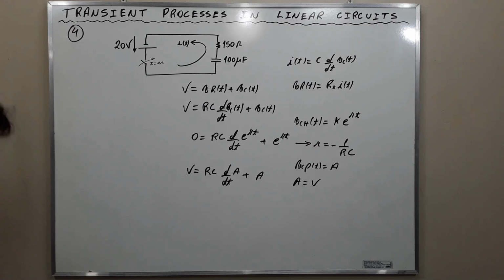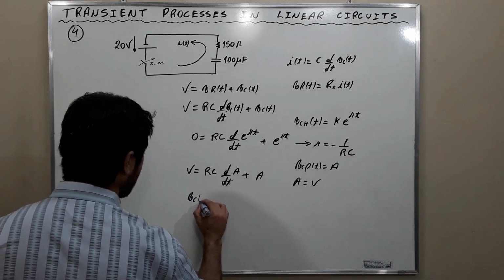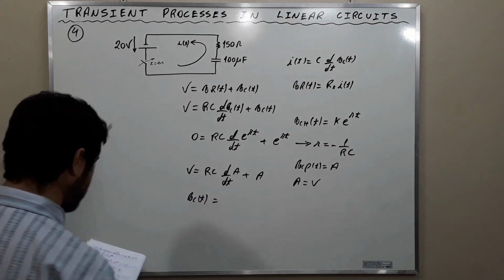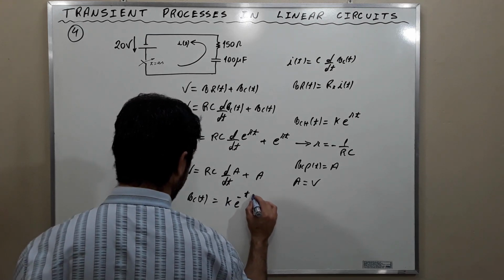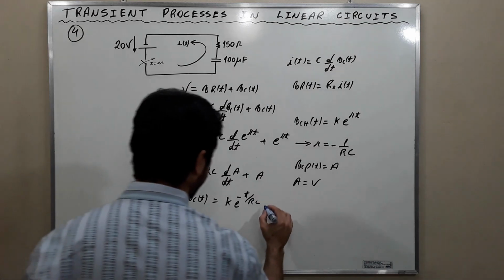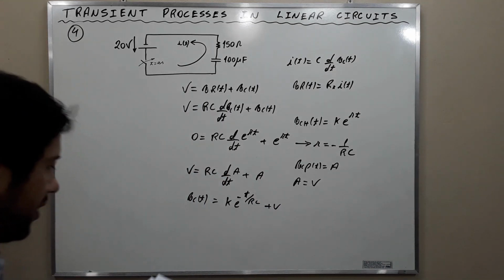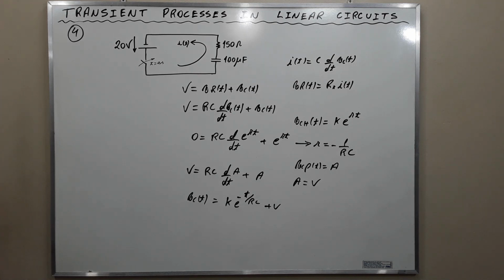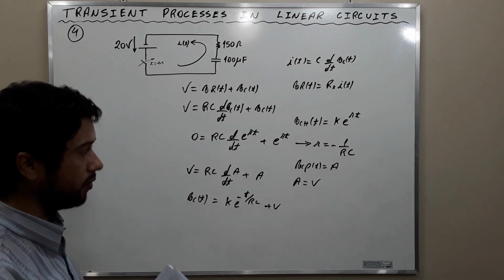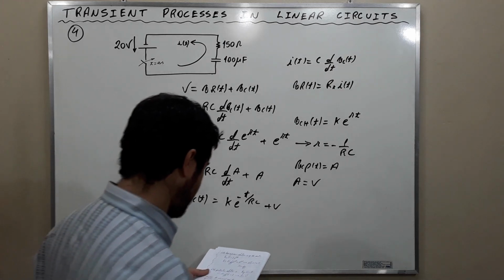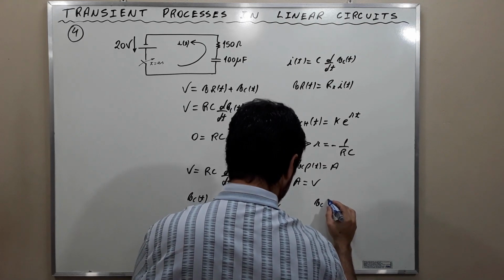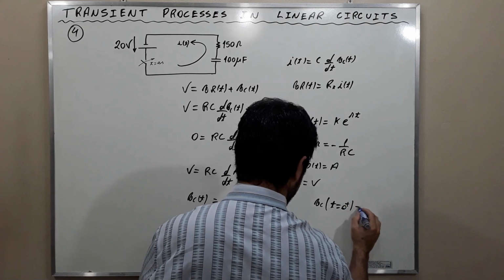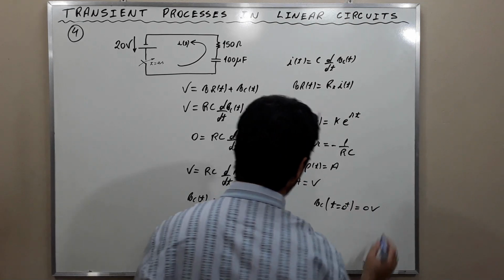And from these results, we get our general solution. Vc of t is equal to K times e raised to the power of negative t over RC plus V. And since the exercise stated that the voltage across the capacitor is initially 0, Vc at t equals 0 plus is equal to 0 volts.